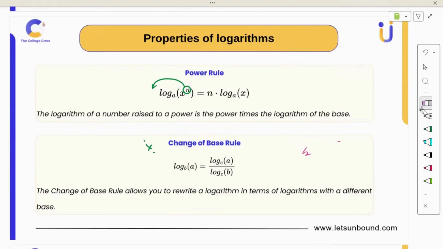So change of base rule is very important. Log with base B of A, I change the base completely to base C. It's my choice, and it should be an acceptable base. Right? So log base C of A divided by log base C of B. Input divided by your base B. Right? Mostly we will take log or ln. That's what is available in the calculator. So we can do that.